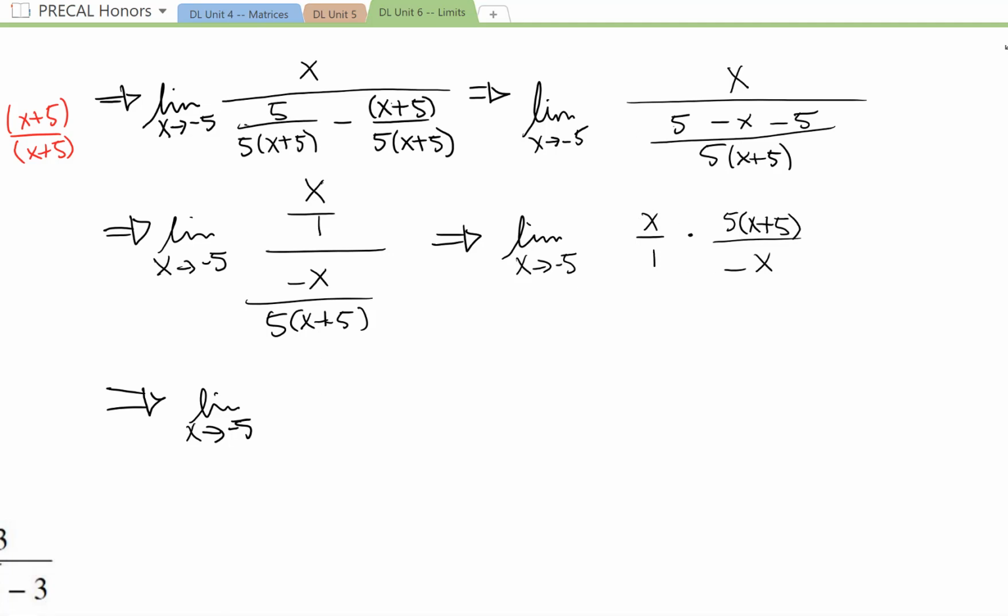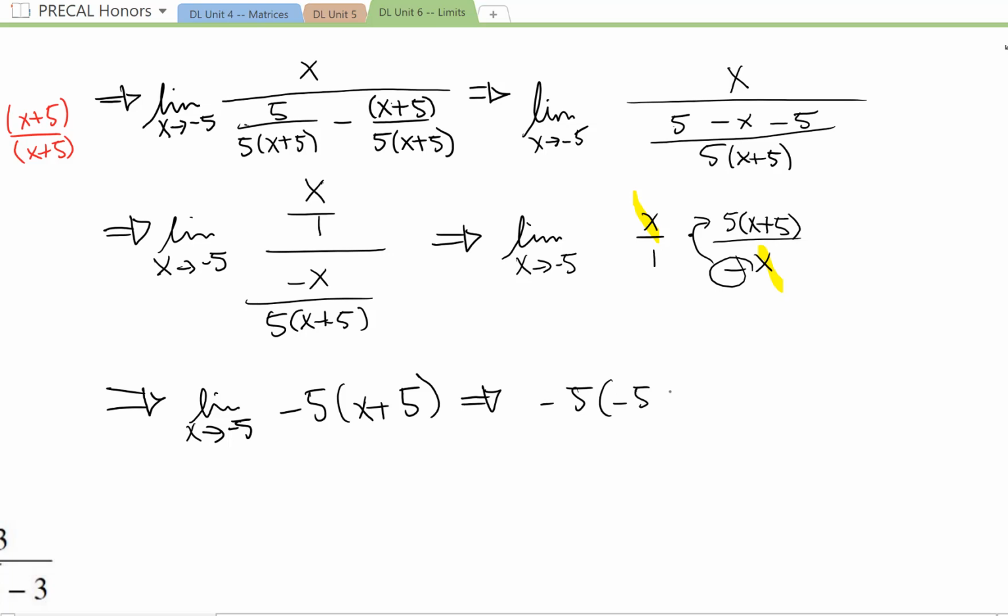You have x over x is 1. This negative, bring it up, make sure you don't forget about it. So negative 5 times x plus 5. At this point we can use direct substitution. Negative 5 times negative 5 plus 5 is negative 5 times 0, which is 0. And that's our limit.